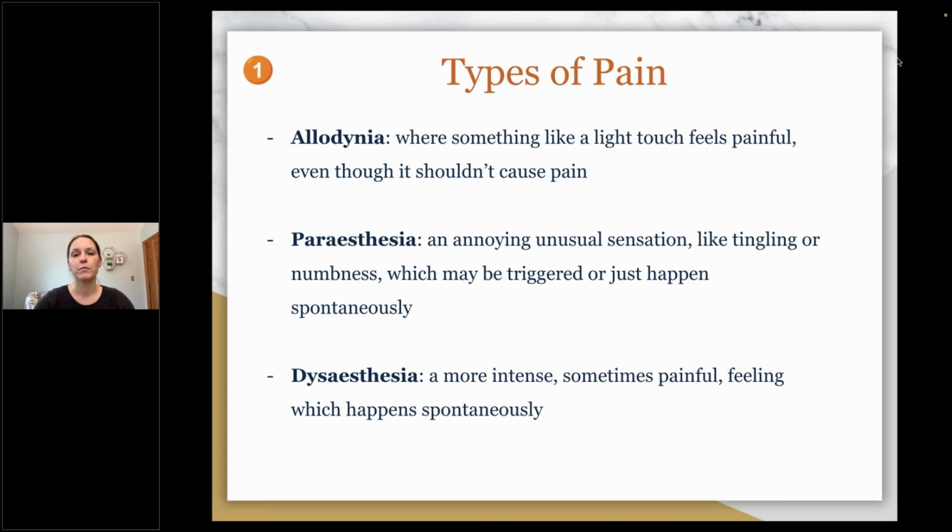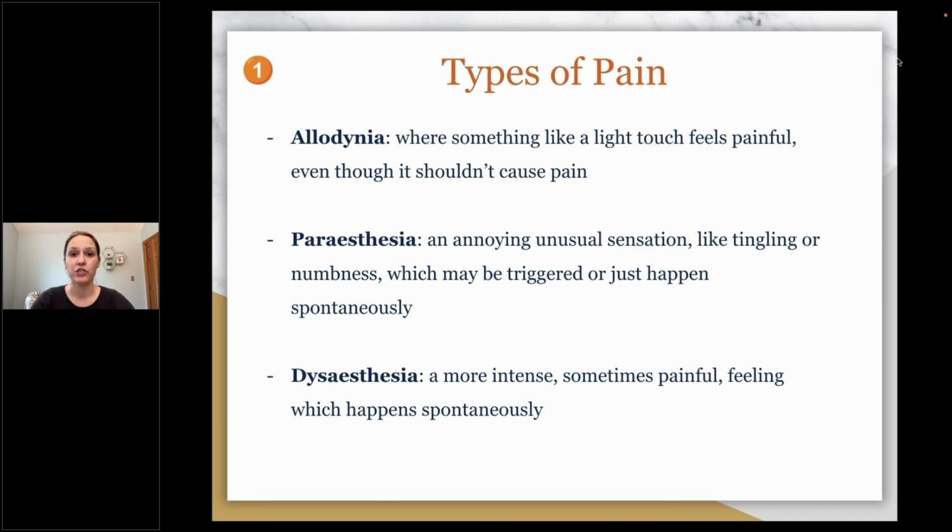So paresthesia could be triggered by something. A great example that we all get, MS or not, could be a quick thing like you hit your funny bone and you get that instant sense of that tingling. That's a very minor example of what a paresthesia might be.